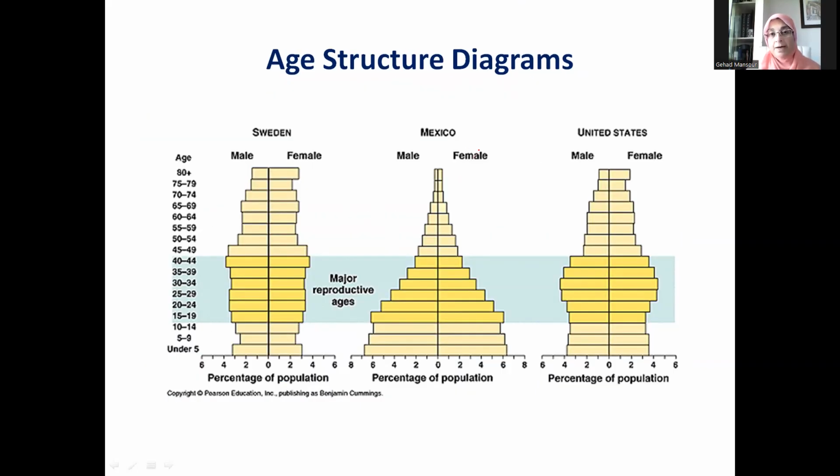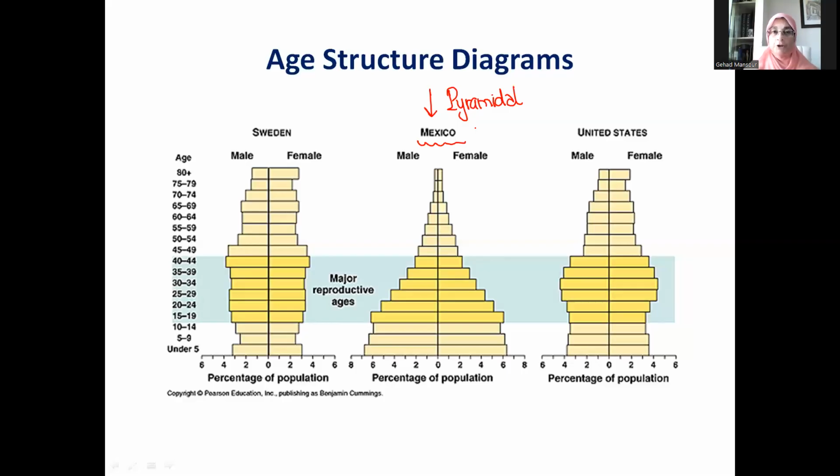We have a very characteristic pyramidal shape, like for example in Mexico, and the prototype here in this diagram is Mexico. But notice, of course, that these representations might change over time because some underdeveloped communities become more developed or less developed.